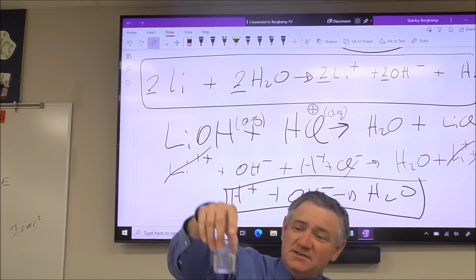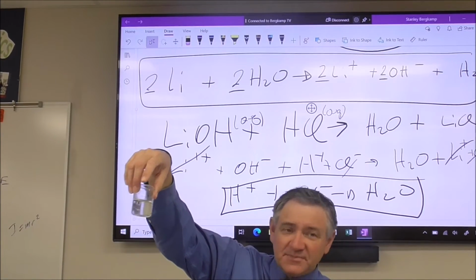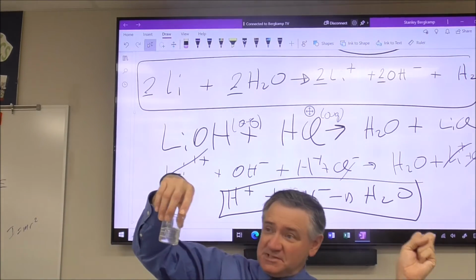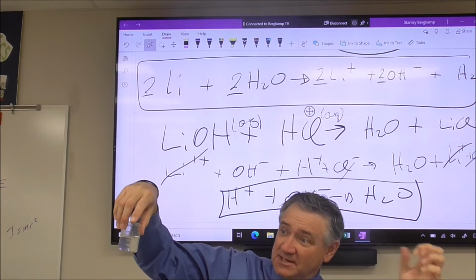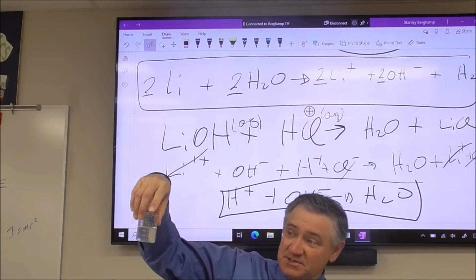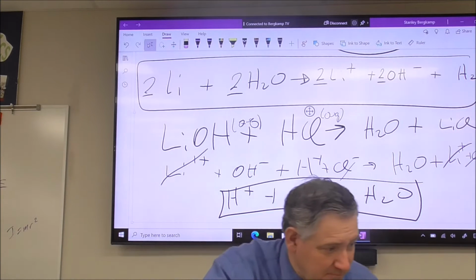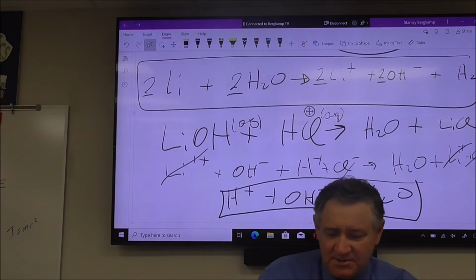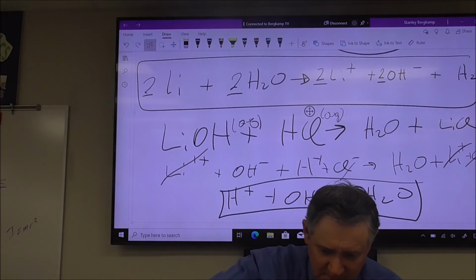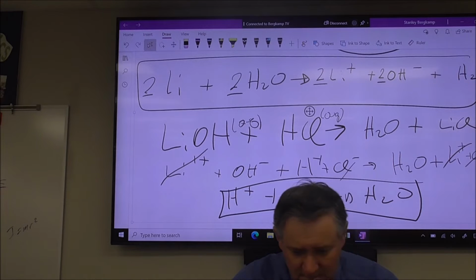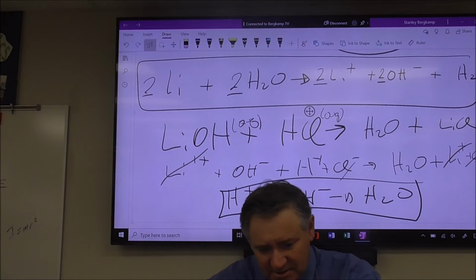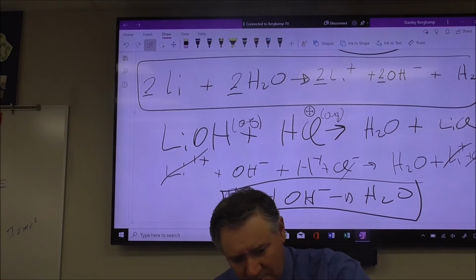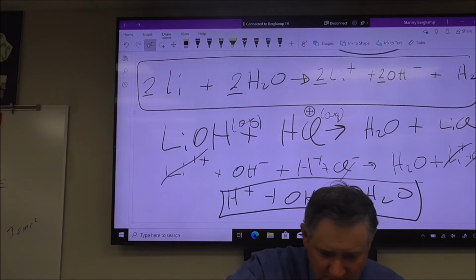So the reason that this is no longer magenta is that the hydroxide ions are now bound up in the water. And so now it's no longer a basic solution, I turned it acidic. But if I add, say, a little bit of sodium hydroxide to it, then I can shift that back to being a basic solution.